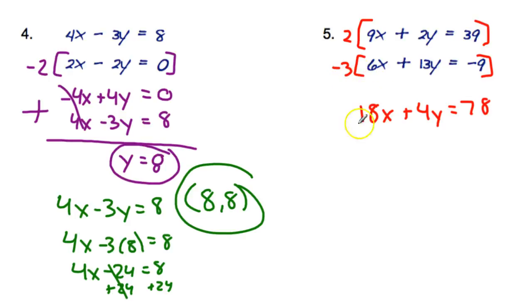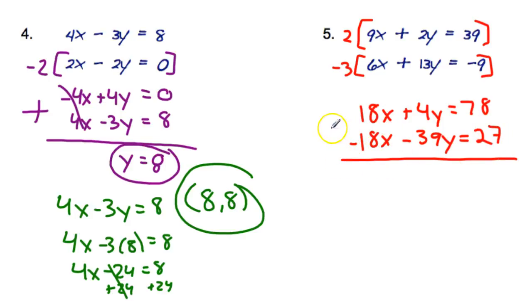Negative 3 times 6x, that's negative 18x. Okay, we want that to cancel, good. Negative 3 times 13y, that's going to be a minus 39y. And negative 3 times negative 9, that becomes positive 27.